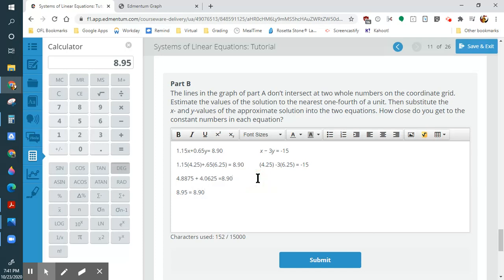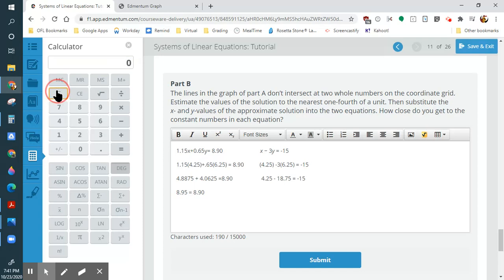Let's try the other one. Let's see how close we are there. So 4.25, there's nothing else there, minus whatever 3 times that is. So minus 3 times 6.25, we get 18.75. 18.75 equals negative 15. Move down here. Let's see how close this is.